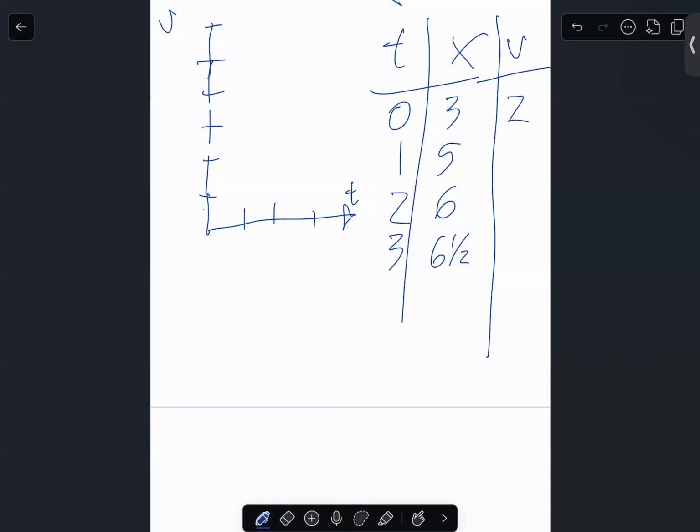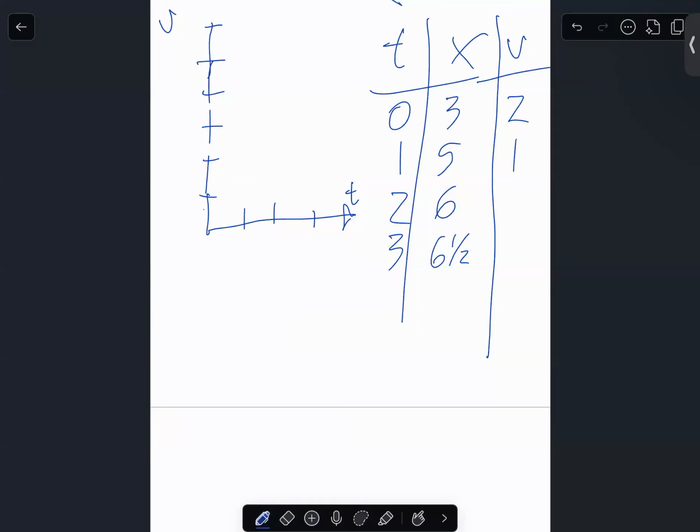Now, properly, I would say that this velocity is somewhere in that time interval 0 to 1. I don't know that's at the beginning. Let's keep it simple. I'm going to assume that at 0 seconds, my velocity is taking me steadily from 3 to 5. From 5 to 6, what's my rise? What's my run?